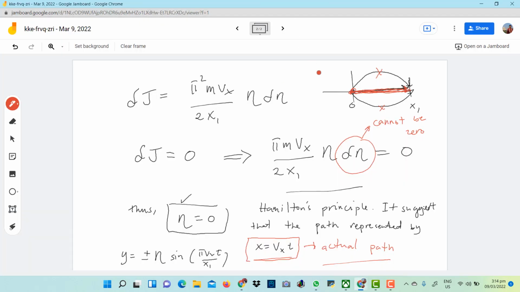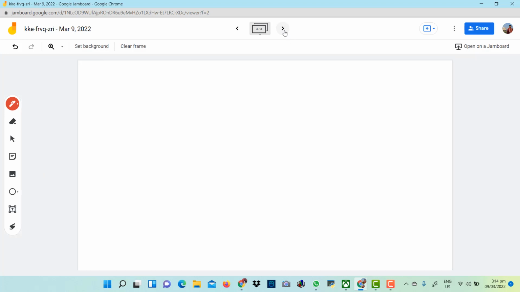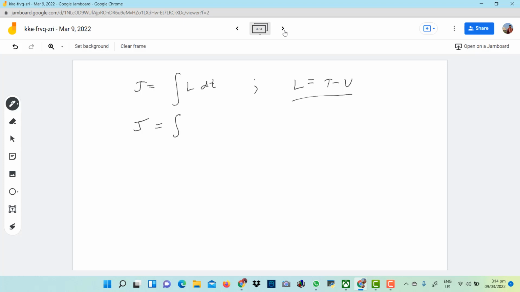Let us summarize Hamilton's variational principle. What we did: first, we have this equation, the integral of L dt. For a specific system, you take its Lagrangian, which is just kinetic minus potential, and put it in the integral, so you get J equal to the integral of T minus V dt.